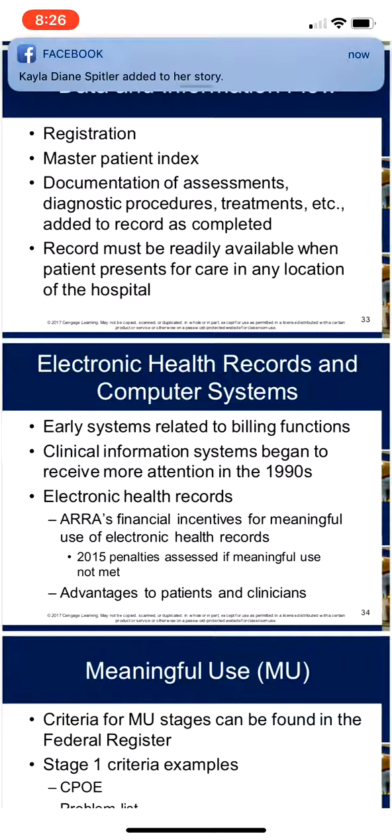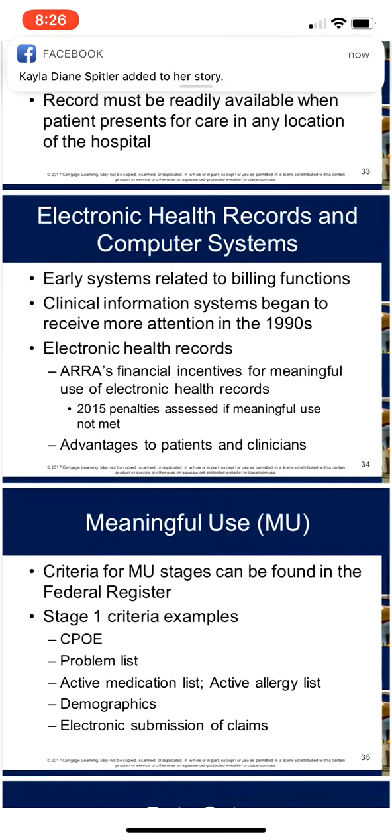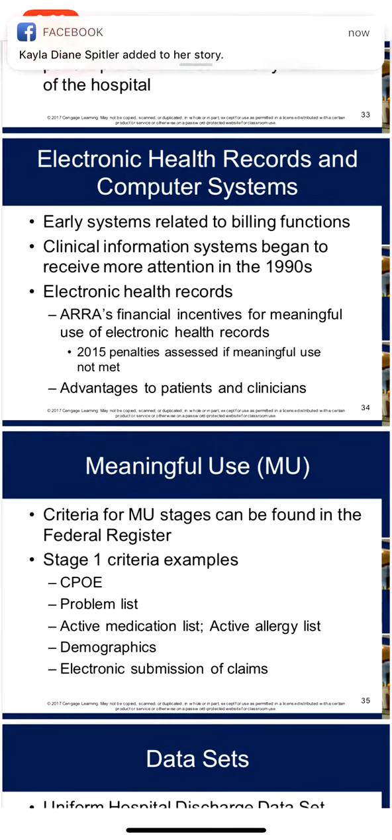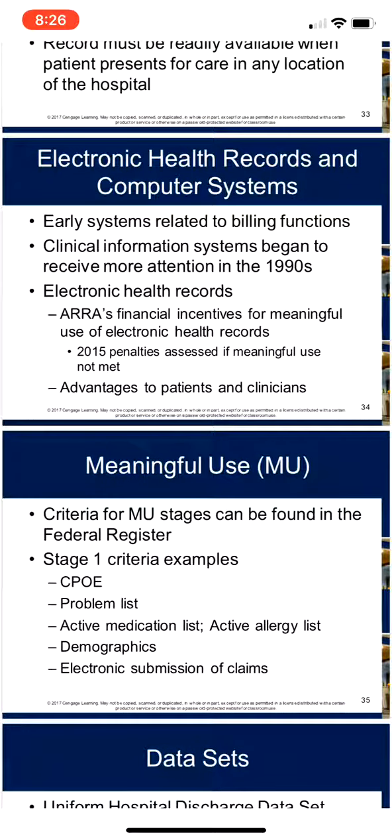And so we had 3 stages of meaningful use. Stage 1 meaningful use requirements focused on data capture and sharing, and were implemented in 2011.